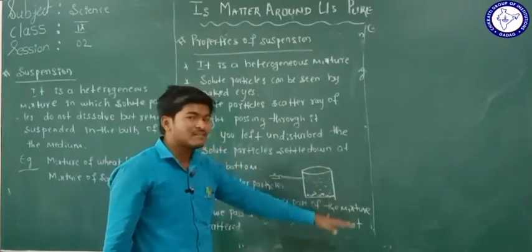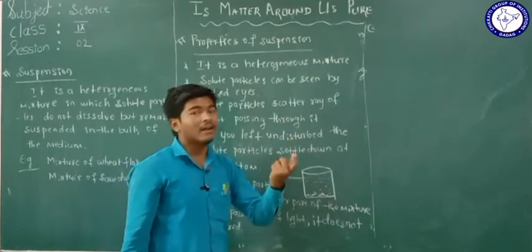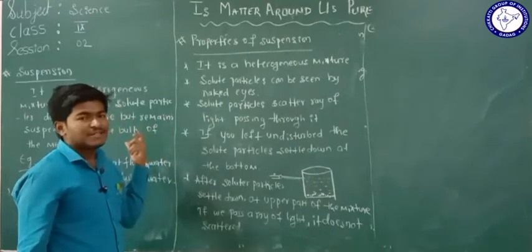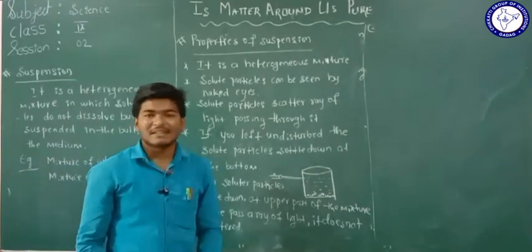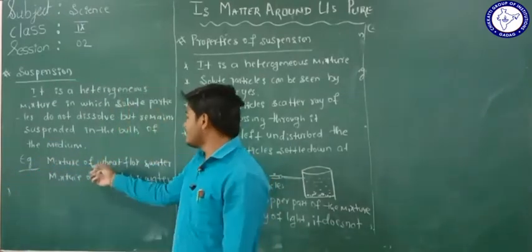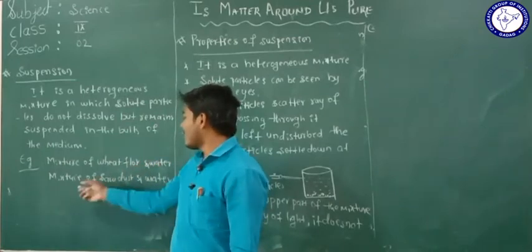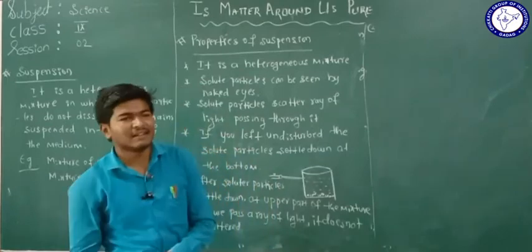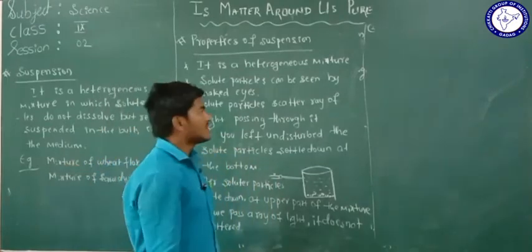After they settle down, it doesn't scatter the ray of light. It is another property of the suspension. So what are the examples of suspension? A mixture of wheat flour and water, and a mixture of sawdust and water. These are the two examples of suspension.